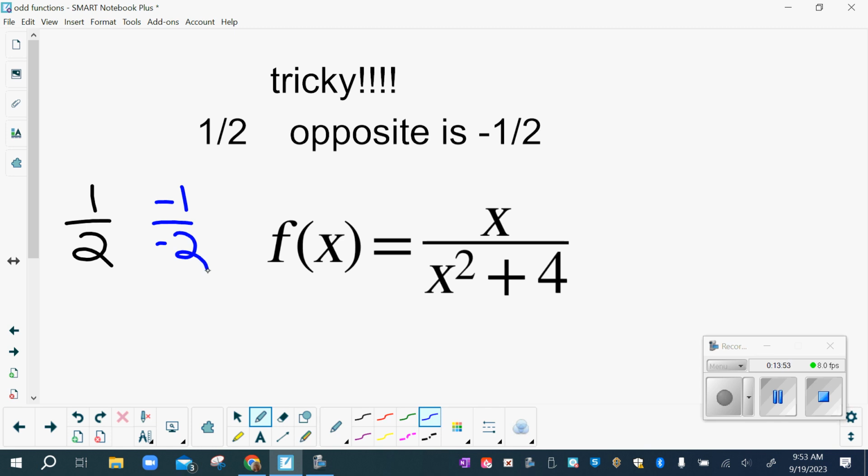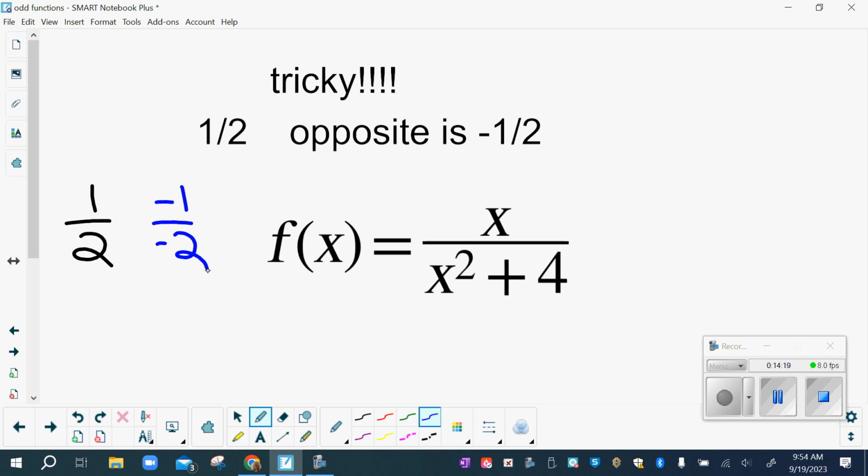True or not true? Not true, because what happens to those negatives? They cancel out, they become positive. So when we need to make a fraction opposite, only the top needs to change or the bottom needs to change, but not both. Because if you change everything, it becomes even, right?